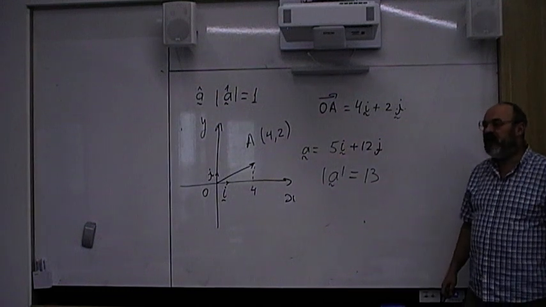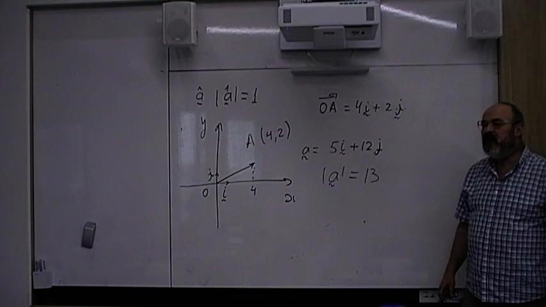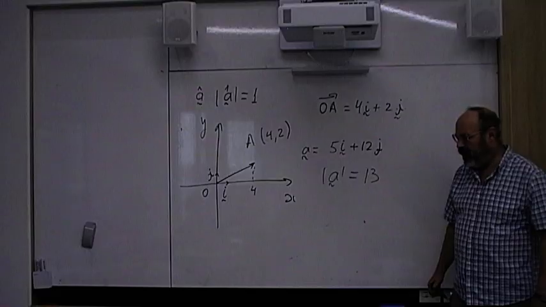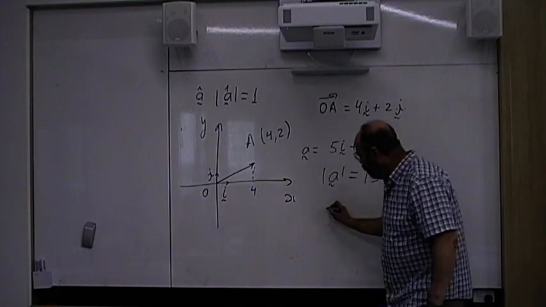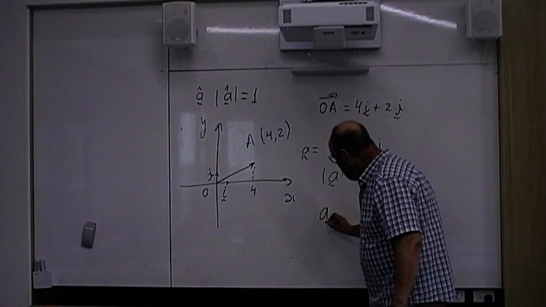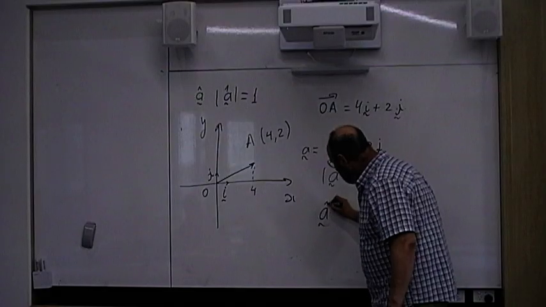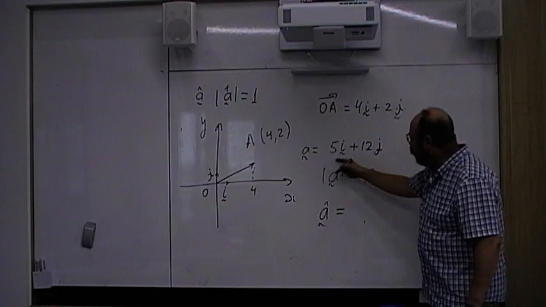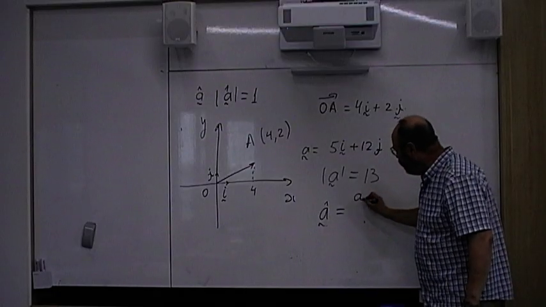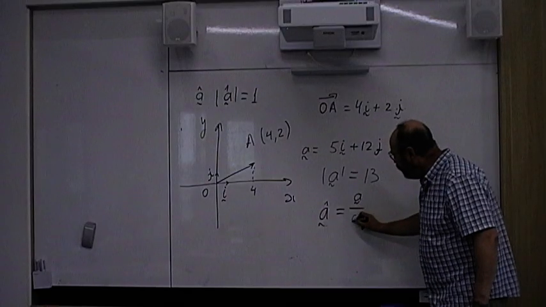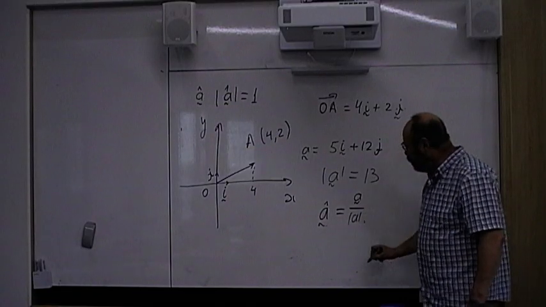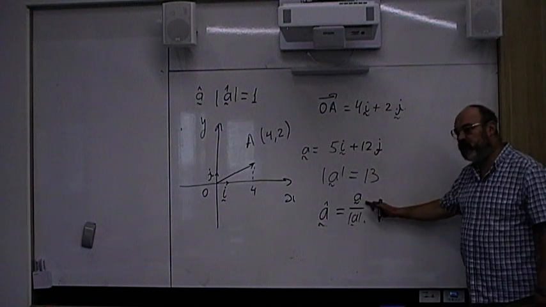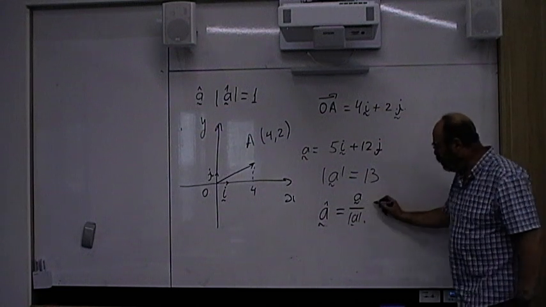Now let's find the unit vector in the direction of A. To find the unit vector in the direction of A, we put this hat to represent a unit vector. We take the vector A and divide it by its length. In this way, we get a vector in the same direction, but the length will be 1.